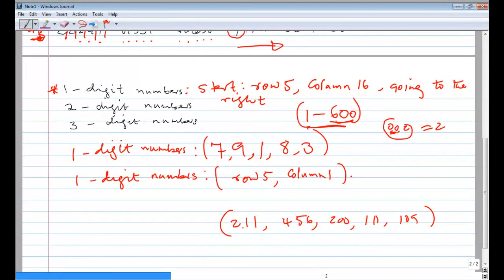You see them. These are 3-digit numbers. But how many of them? Values 1, 2, 3, 4, 5, because we want N equal to 5.